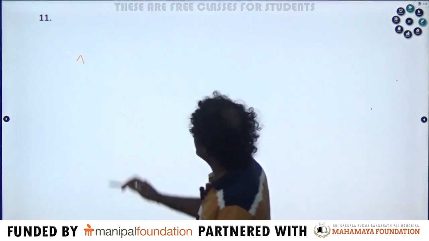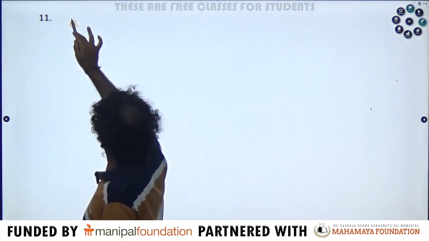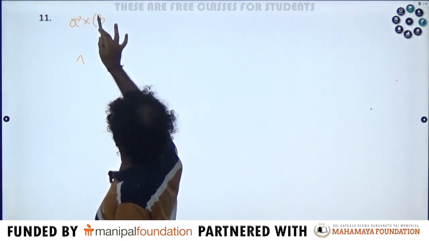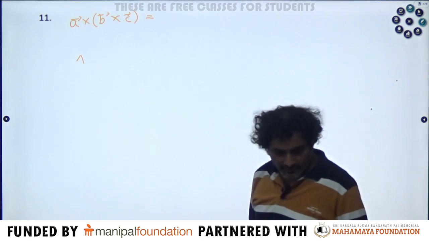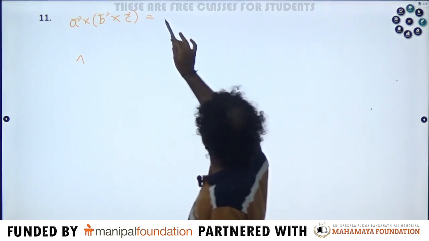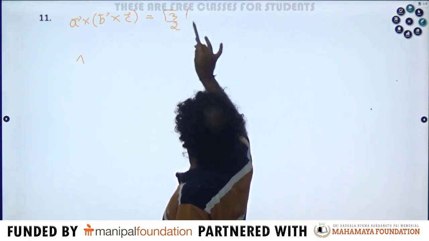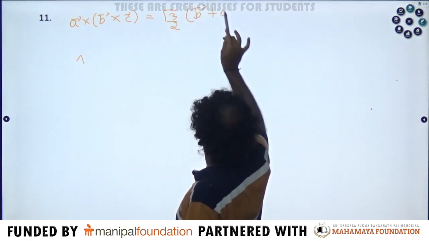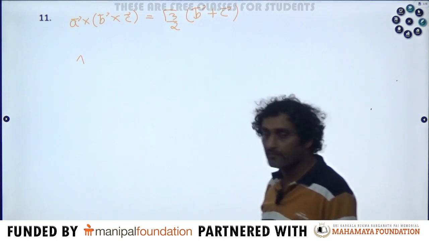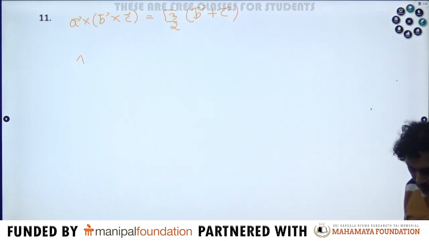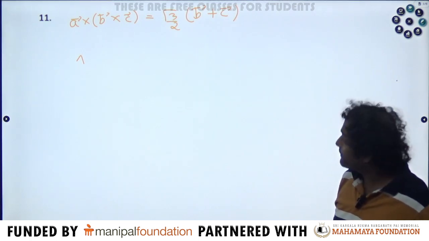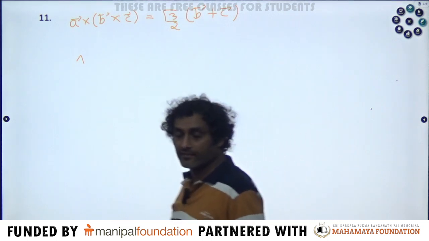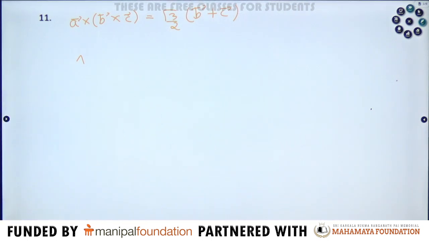So they are telling A vector cross, they have put a bracket like this, is equal to root 3 by 2 B vector plus C vector, and they are telling that B vector is not parallel to C vector. That is all they have given, okay? This is why I taught you vector triple products.